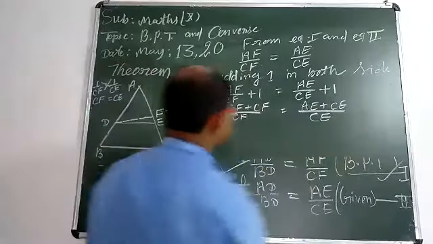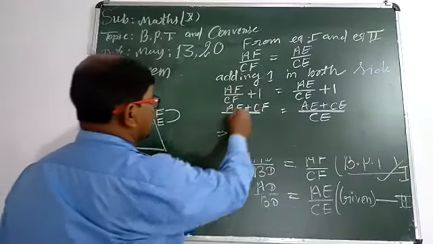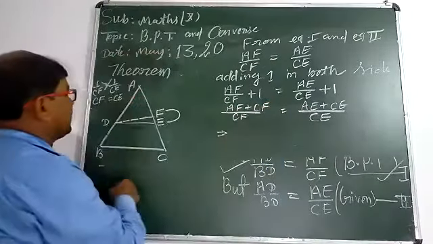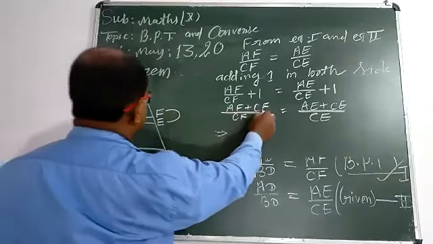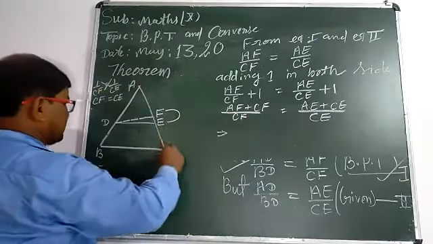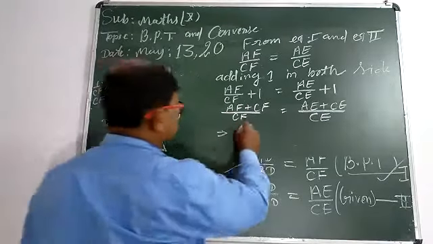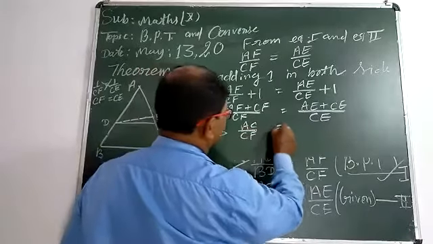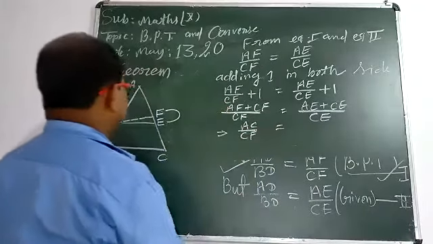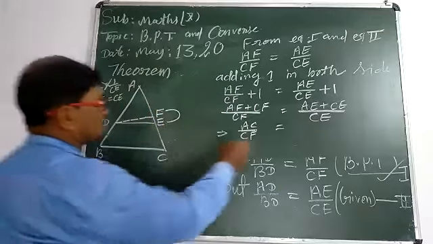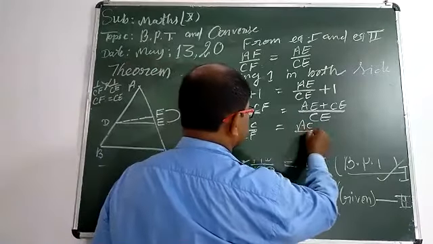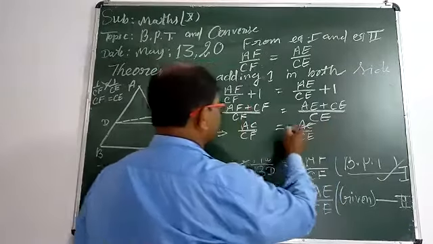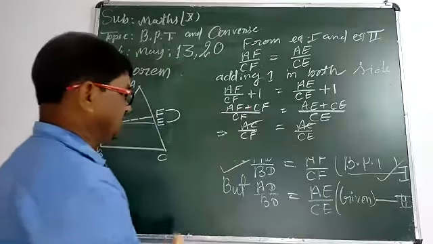Now student, you should add these two with the help of the diagram. AF plus CF equal to AC. AC upon CF equal to AE plus CE equal to AC upon CE. Now AC cancels.